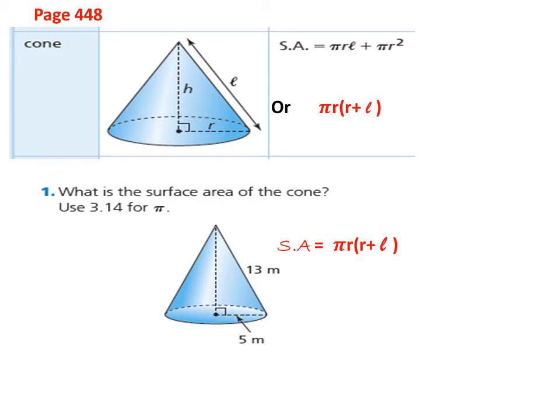Now substitute. Instead of pi, write 3.14 times, and instead of r write 5, and the slant height l is 13. Put the numbers. Now evaluate this expression. Yes, the answer is about 282.6 square meters.